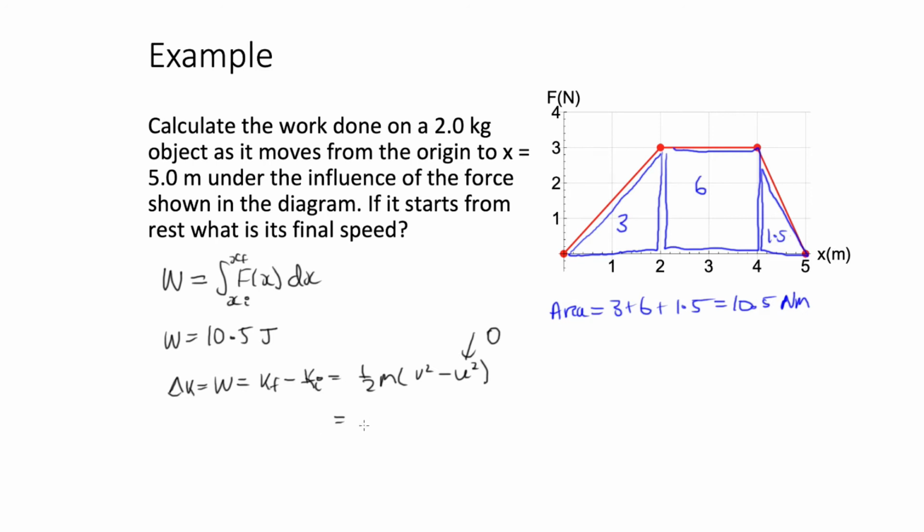So this is equal to a half times 2 times v squared, and that's equal to the work done, which is 10.5 joules. So these cancel, and we end up with v is equal to the square root of 10.5, which tells us that v is equal to 3.2 meters per second.